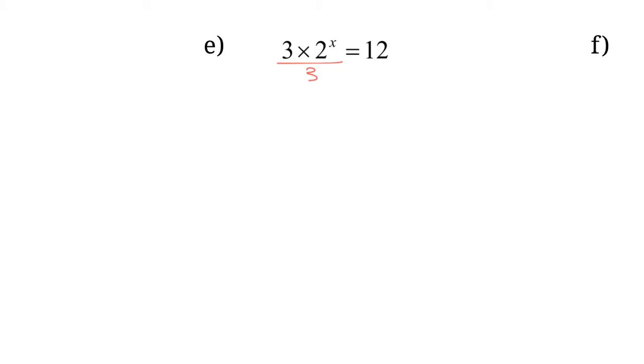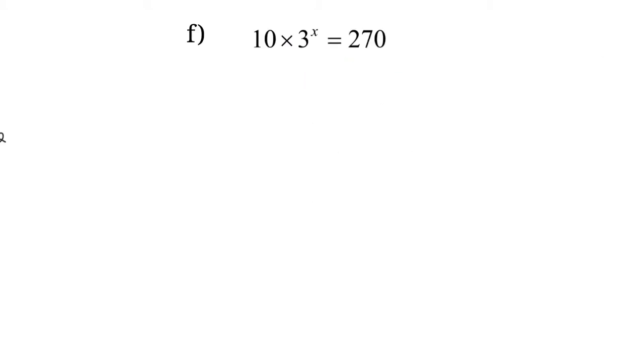When we divide both sides by 3, we can cross out that 3, so we're going to be left with 2 to the power of x is equal to 4. And now we want to make sure both sides have a base of 2, so this is the same thing as 2 to the power of x equals 2 to the power of 2. Since our bases are the same, that means that x is just equal to 2.